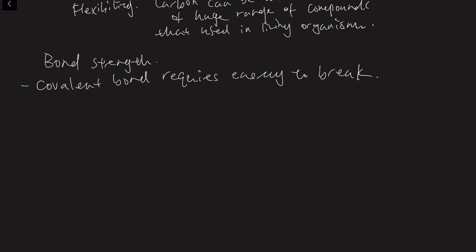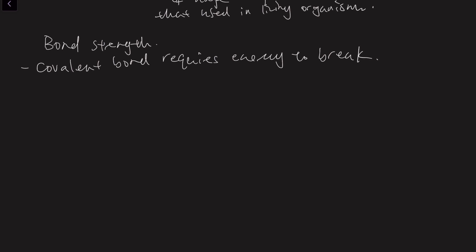And the amount of energy required to break this covalent bond is called bond strength. If you require a lot of energy to break the bond, then this means the bond is very, very strong. So let's have a look at some of the bond strengths of different covalent bonds.